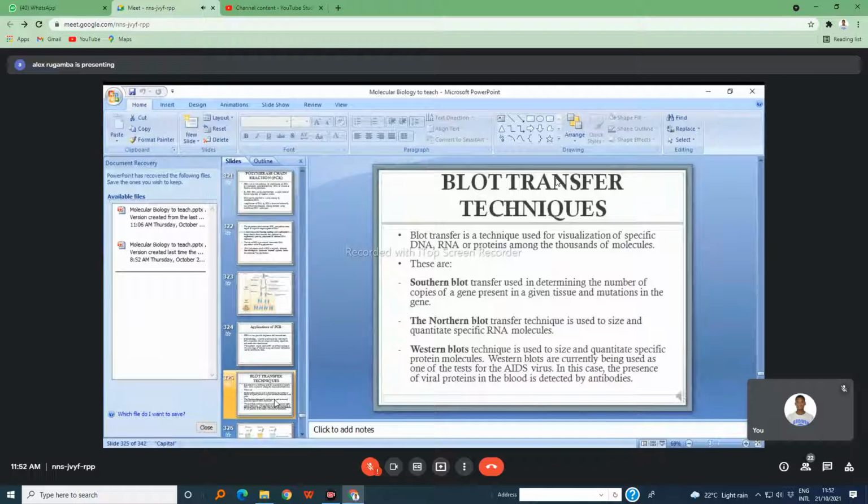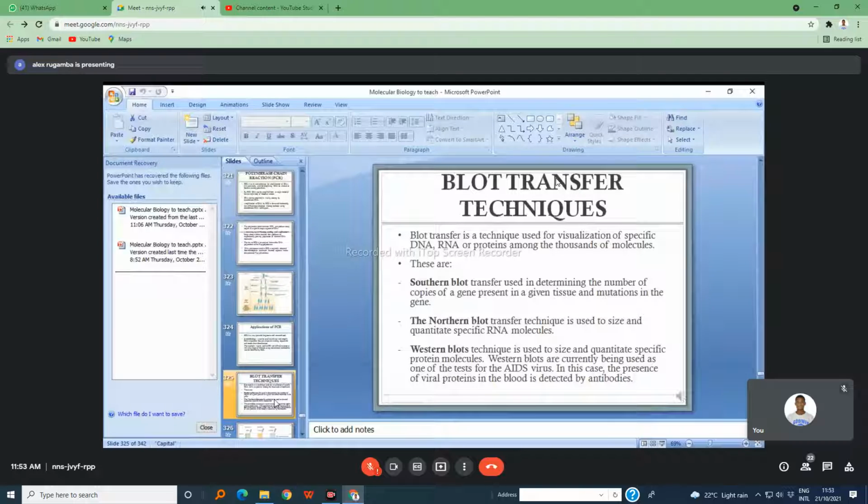So there are also blot transfer techniques. The blot transfer techniques are used in visualization of specific DNA, RNA, protein among the thousands of molecules. Blot transfer is used to determine the number of copies of genes present in a given tissue and a mutation in the gene.